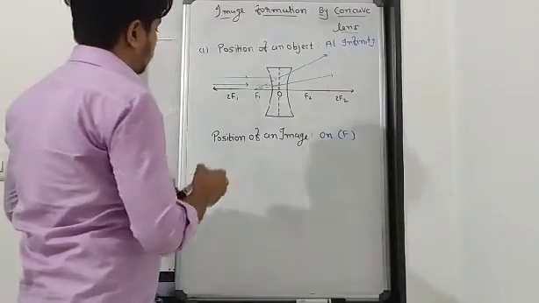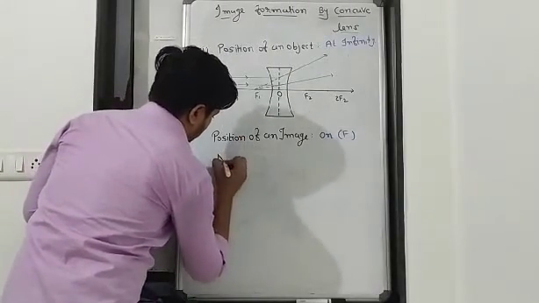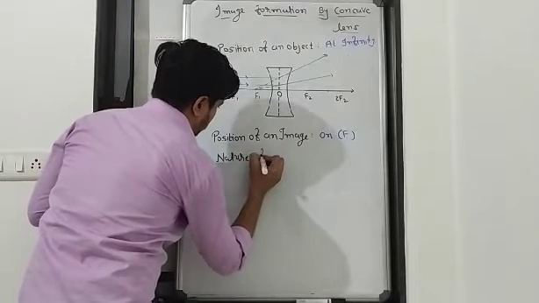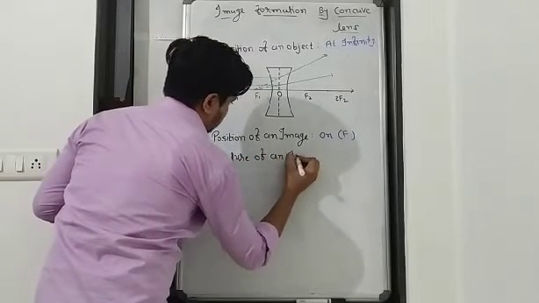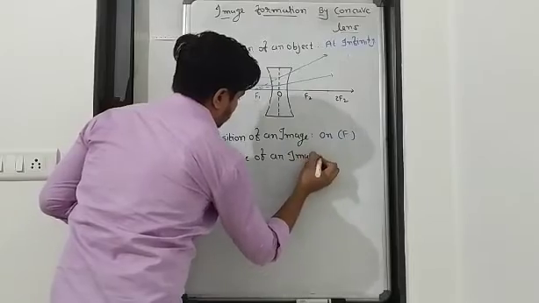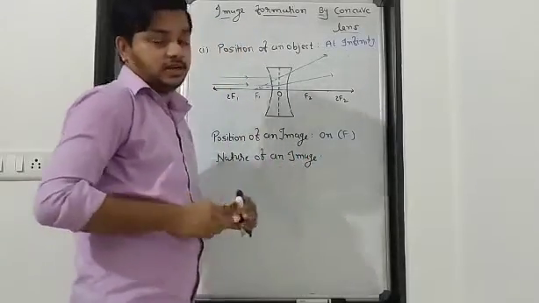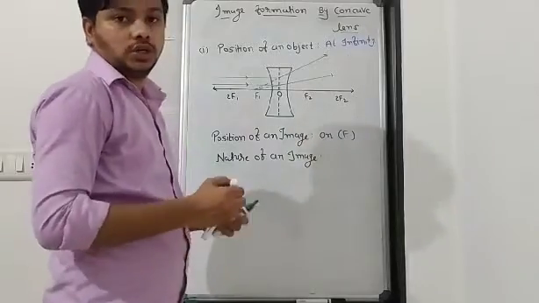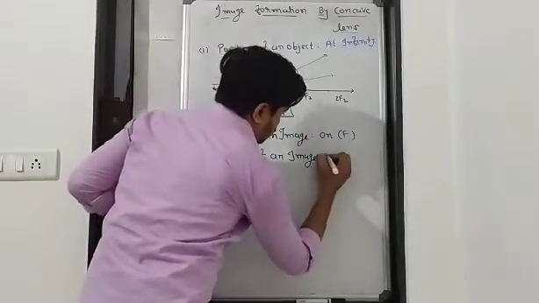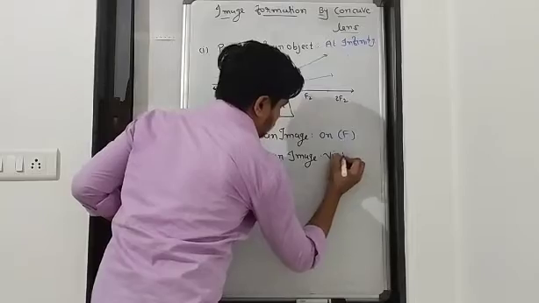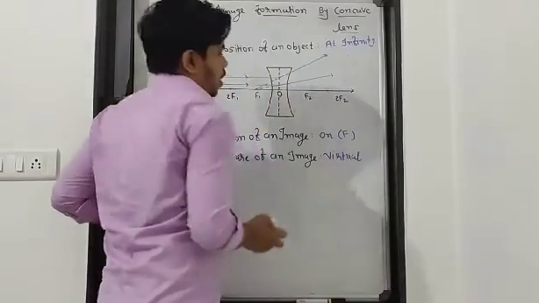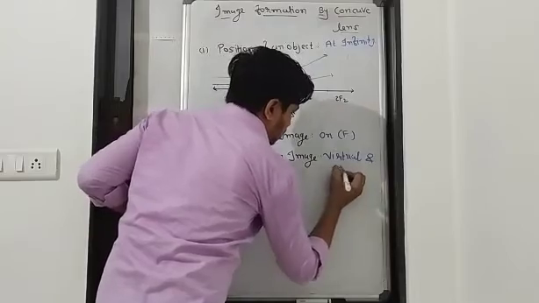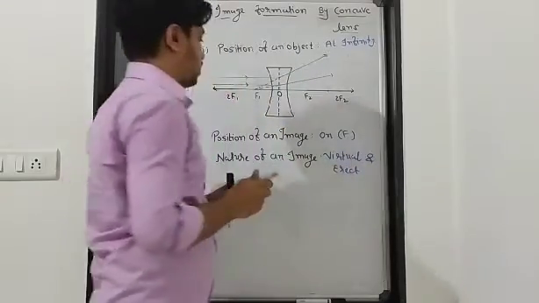What is the nature? You can easily see it here. The image is virtual, right? So it is virtual, and all the virtual images are erect, virtual and erect, right?